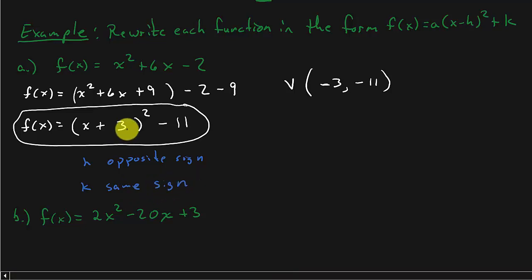So just remember, h has the opposite sign, k has the same sign. So here the h, that's positive, so it's negative. K has a negative, so it's negative. H is opposite sign, k is the same sign.